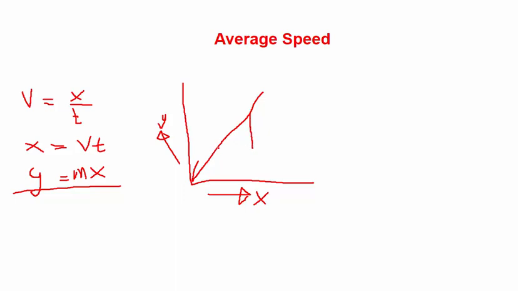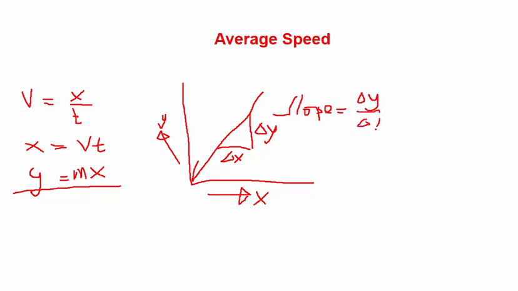The slope means change in the value of y, that is delta y, divided by change in the value of x, that is delta x. So the slope equals delta y divided by delta x.